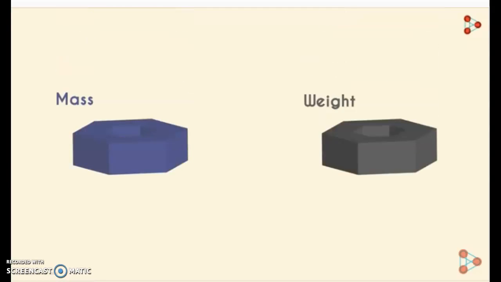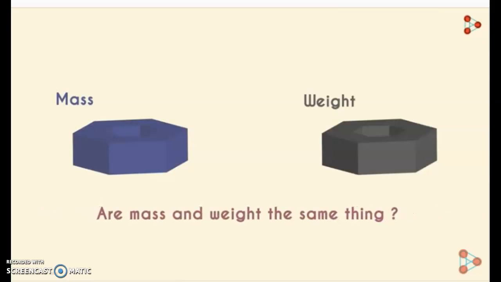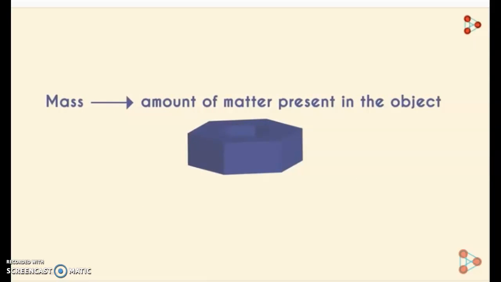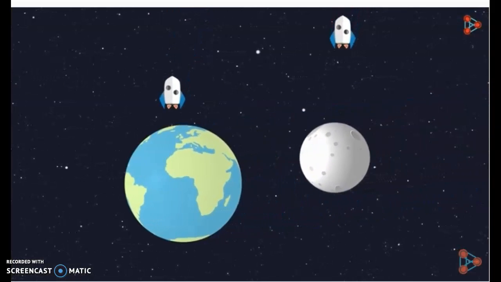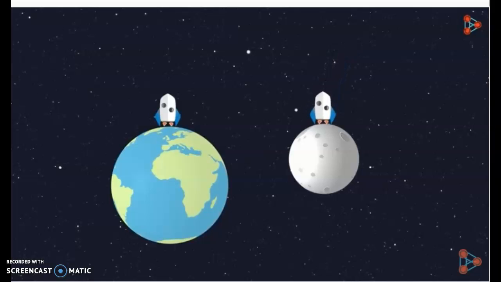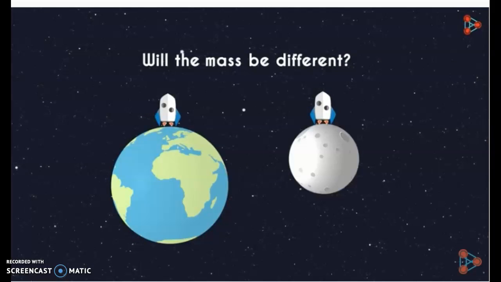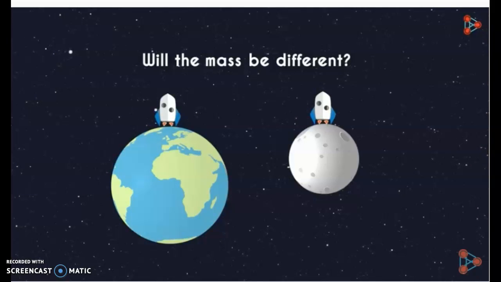Let's accept it. Most of us think that mass and weight are pretty much the same thing. Are they? No, they're not. There's a very simple way to understand the difference. Mass is simply the amount of matter that's present in the object. Now consider 2 situations. One in which an object is on the Earth, and second in which the same object is on the moon. Will the mass of the object be different in these cases? To answer this question, we ask ourselves another simple question.